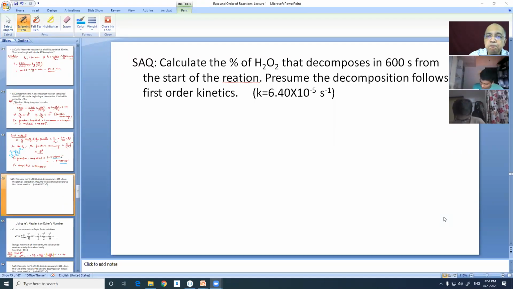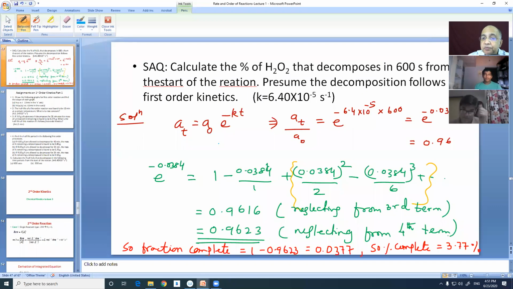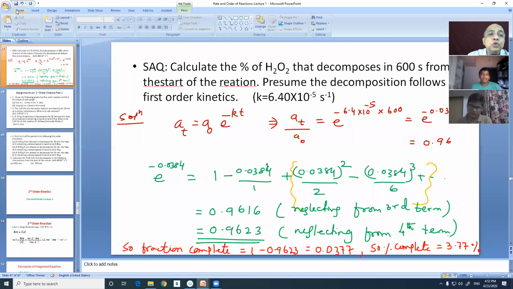Now see, I have done this problem. First I have found out this one. Have a look, all of you can have a look. At by A0 is equal to e to the power minus kt. The k value is given, I multiplied it by 600.